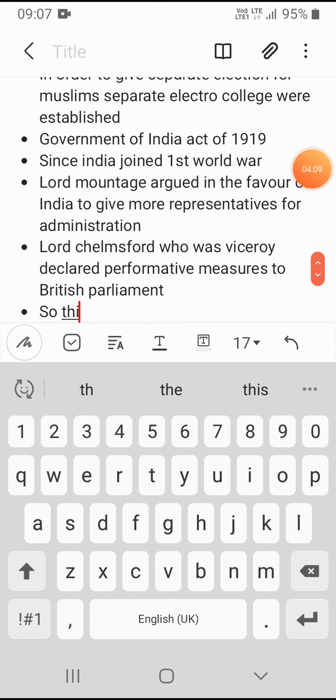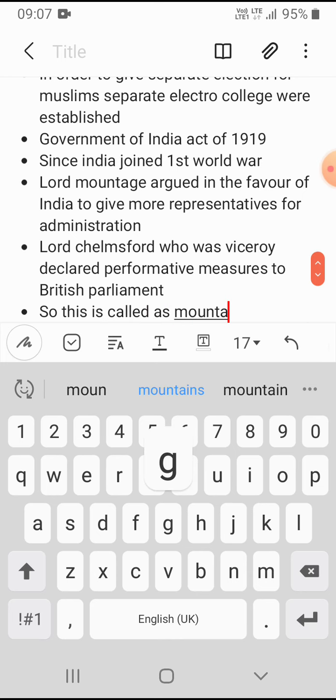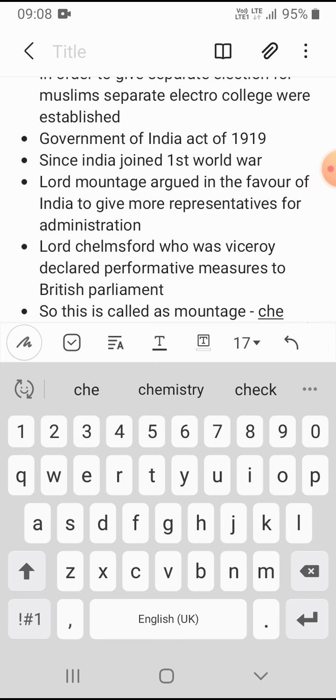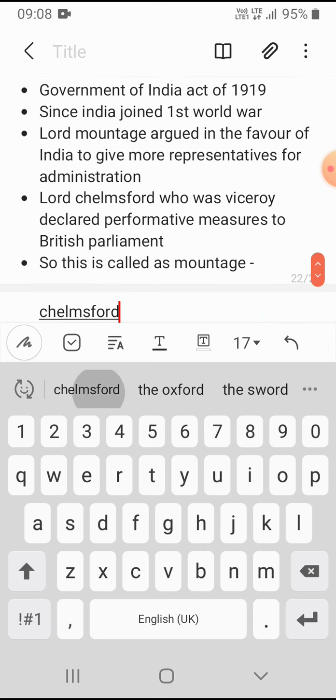So this is called the Montagu-Chelmsford Reform Act.